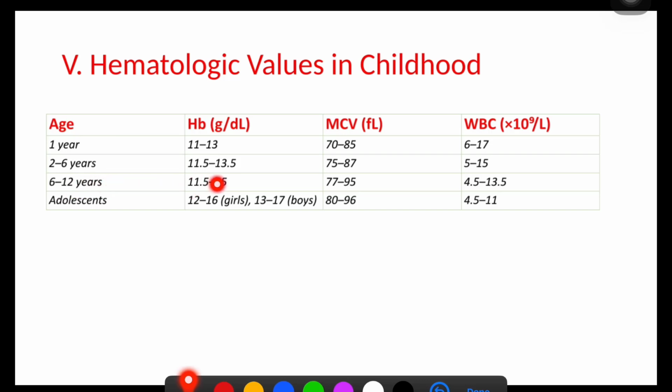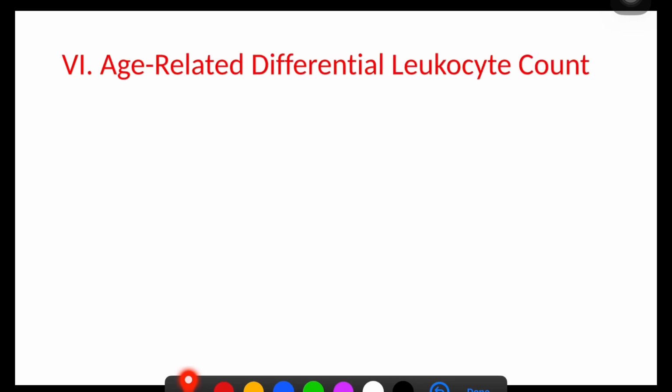At 6 to 12 years of age, Hb rises to 15 gram per deciliter, MCV attaining adult range 77 to 95, WBC count up to 13.5 thousand. And in adolescents, HB 12 to 16 in girls, 13 to 17 in boys, MCV 80 to 96, and WBC count nearly 4.5 to 11,000, which is near about adult range.